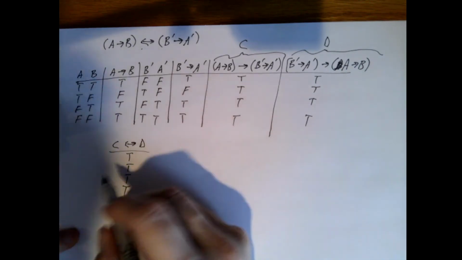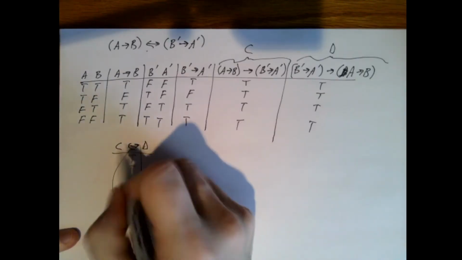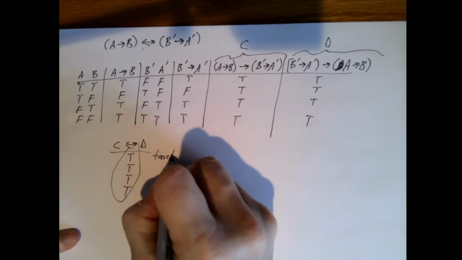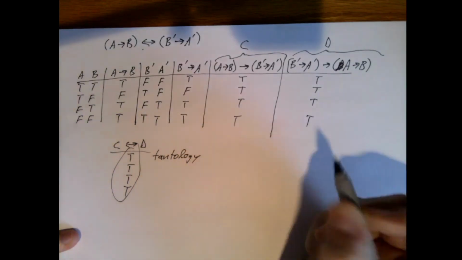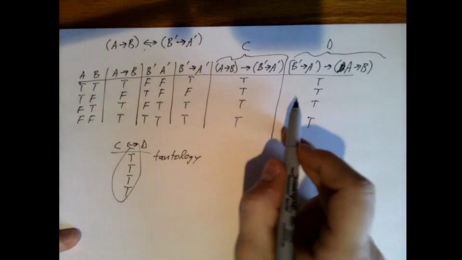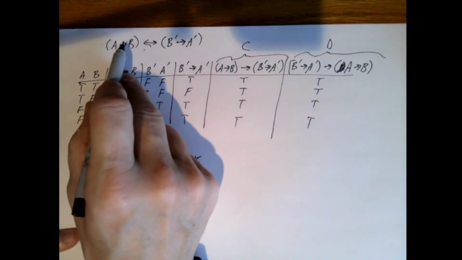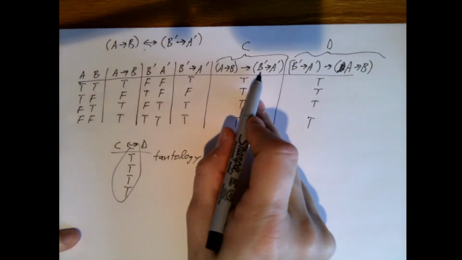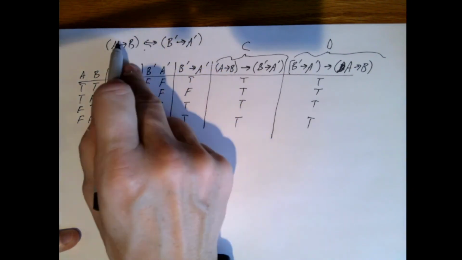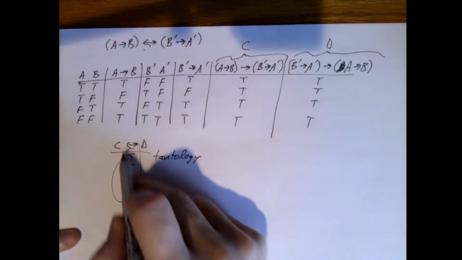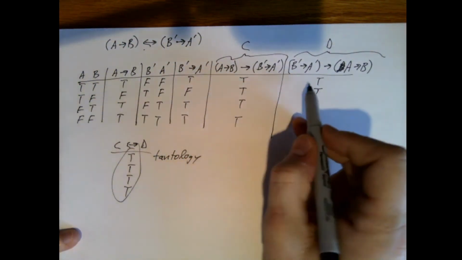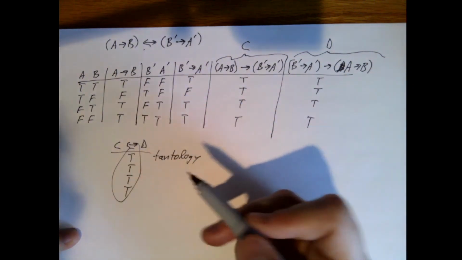Okay? So what happened here? Well, now we have a tautology for this expression. Remember, this right here will be this implies this, that's this, and this implies this, which is this, which I've written as C and D to make it easier, but it's all true.